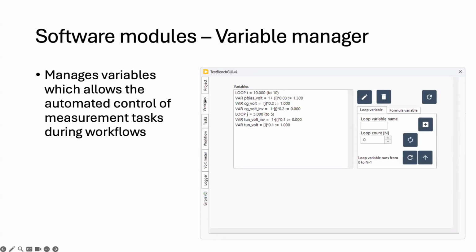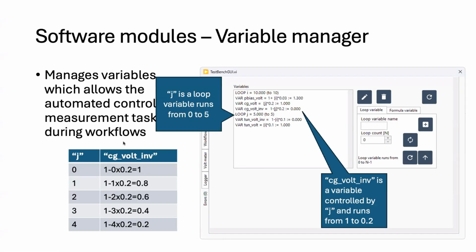Then there is a variable manager. Here we use variables to allow the automated control of the measurement tasks. I will show you examples, but just to understand what I'm talking about: there are 2 kinds of variables, loop variables and so-called formula variables.